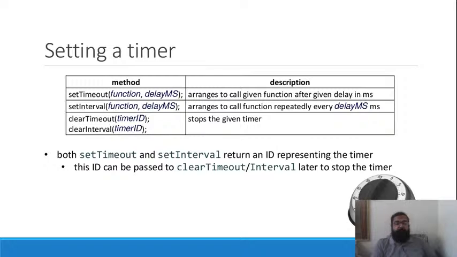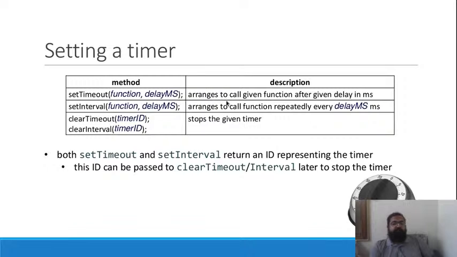Now you can use timers. Even when you have used C programs, you must have used timers, where you wait for a few seconds before you do a particular action. With regards to the timer, you have the methods setTimeout, setInterval, clearTimeout and clearInterval. setTimeout takes the parameters function and the delay in milliseconds.